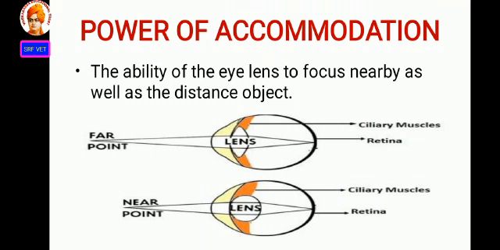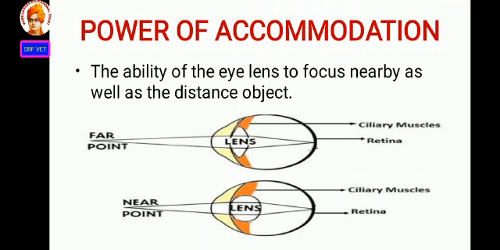By relaxing and contracting the ciliary muscles, the curvature and hence the focal length of the eye lens can be altered. In the first picture, when we see a distant object, the ciliary muscles are relaxed and make the eye lens thinner. Then this increases the focal length of the eye lens.